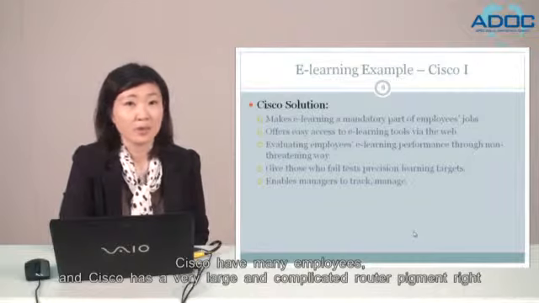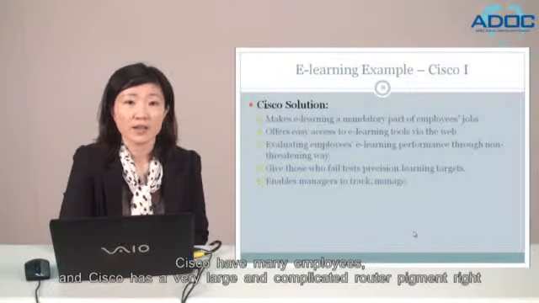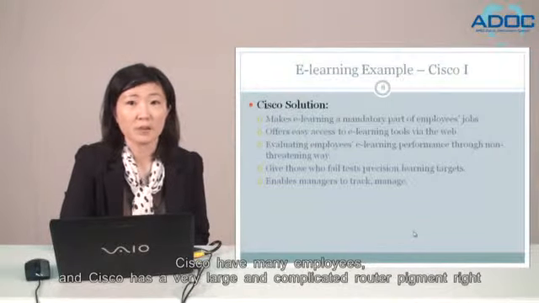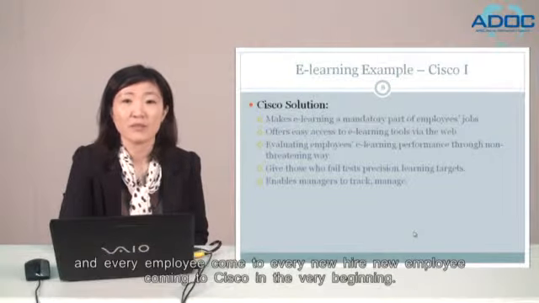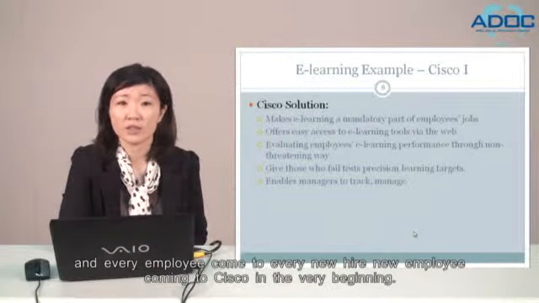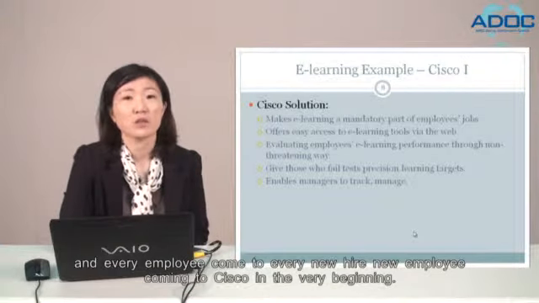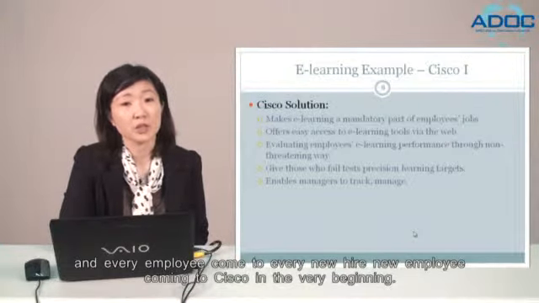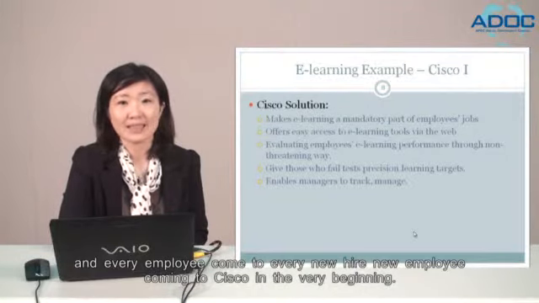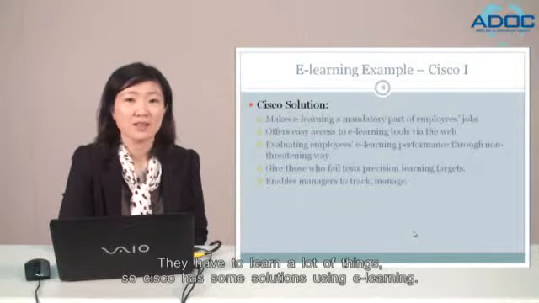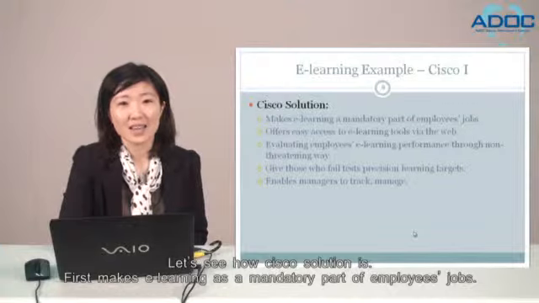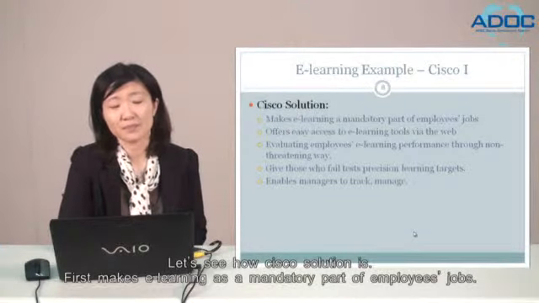Cisco has many employees, and Cisco has a very large and complicated router platform, right? Every new employee coming to Cisco in the very beginning has to learn a lot of things. So Cisco has some solutions using e-learning.